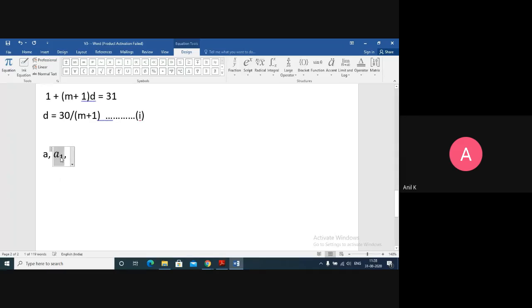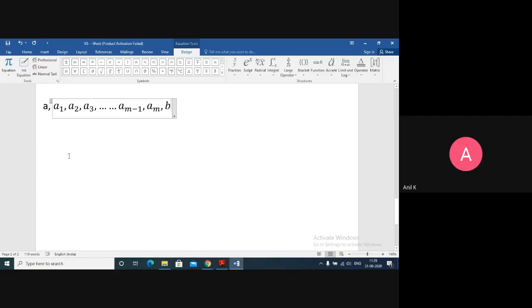Then my next term is a2. Next term is a3, and so on. Then I'll go for a m minus 1. After a m minus 1, I'll get a m. Then I'll get this as b.